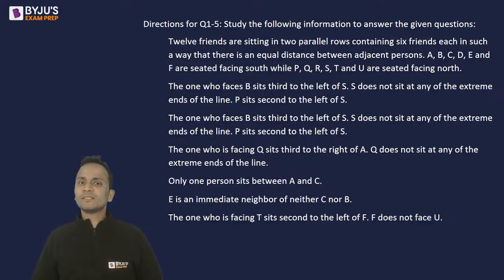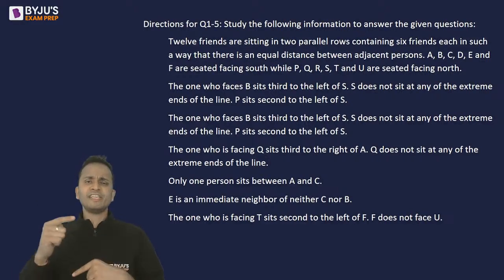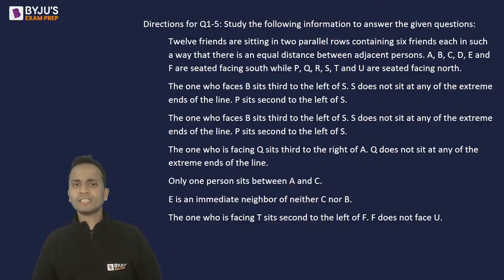The one who faces B, so the first statement tells us that they are facing each other, sits third to the left of S. S does not sit at any of the extreme ends of the line. P sits second to the left of S.